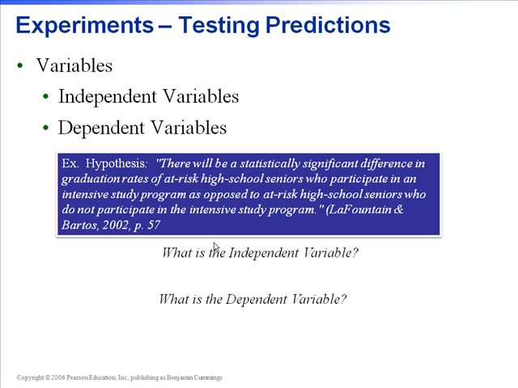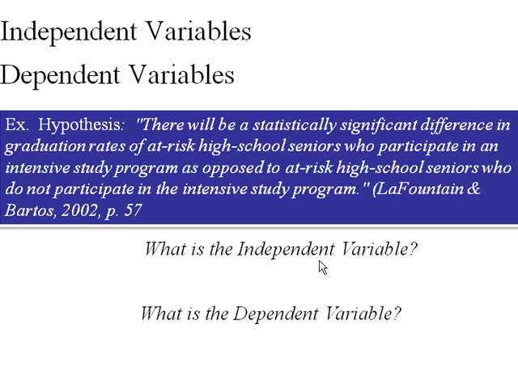In this example, what's the independent variable? The variable that the scientist manipulates. In this case, it's going to be the participation in the intensive study program. Okay, whether or not the student participates. The dependent variable then, the one that is measured, the response or the presumed effect, is the graduation rate of the at-risk students.